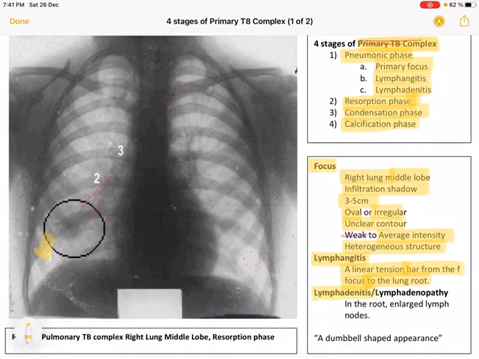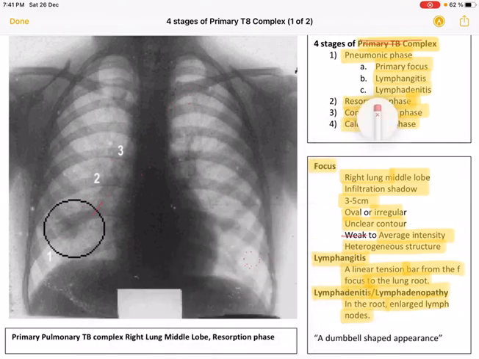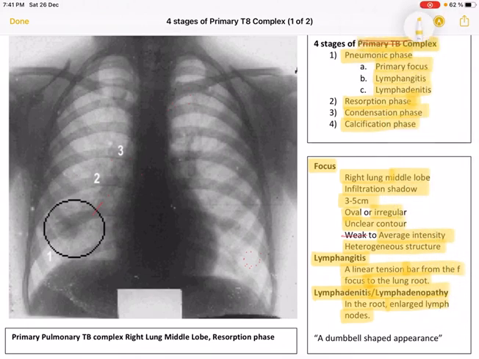If I talk about the lymphadenitis, lymphadenopathy in the lung root, there is enlargement of the lymph nodes, but previously it was thick, now it has become smaller. These are the changes. So what should be our conclusion by seeing this image?